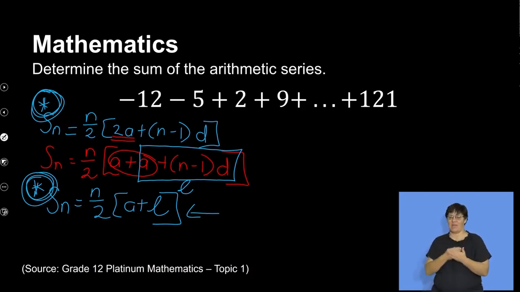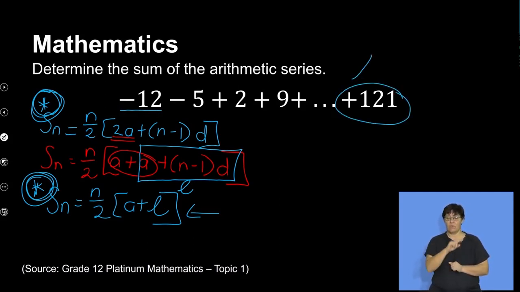So for this example, I've been asked to determine the sum of the arithmetic series that starts at negative 12, then negative 5 plus 2 plus 9, going the whole way to 121. Because I have the last term, that means that I actually can use the second form of the series.